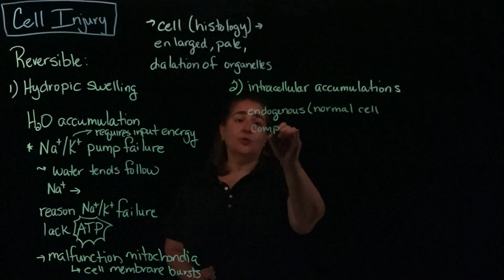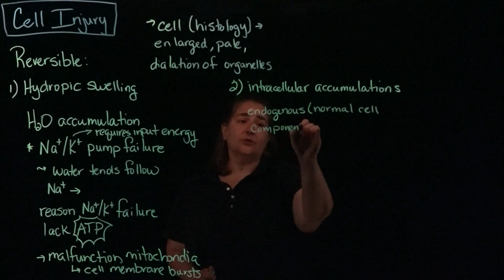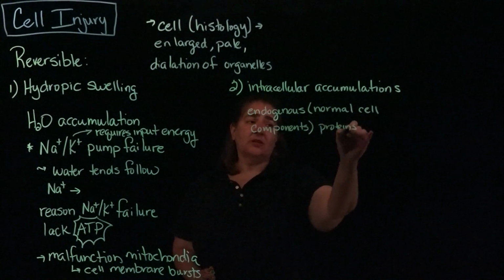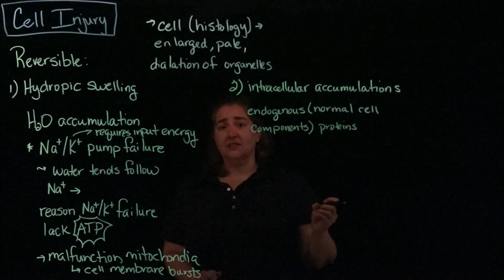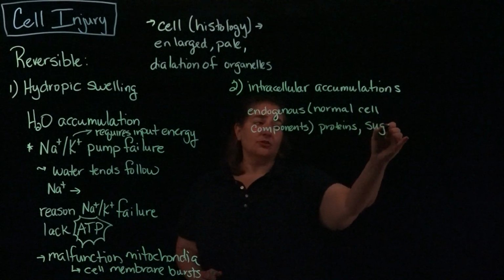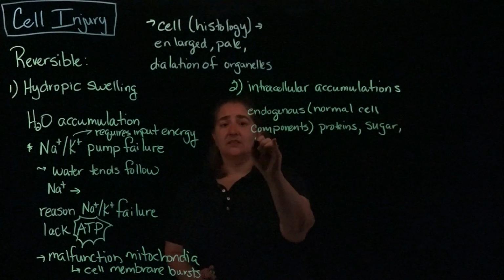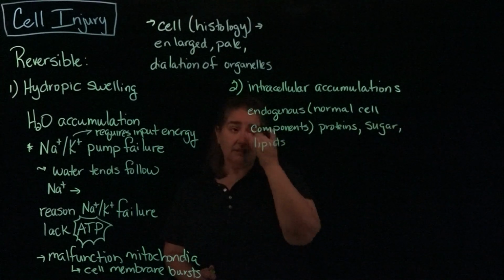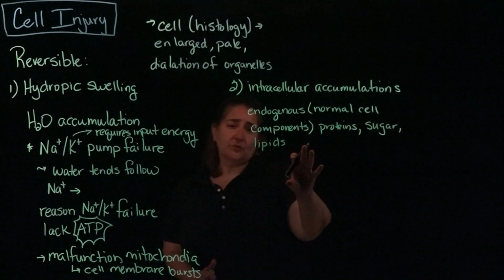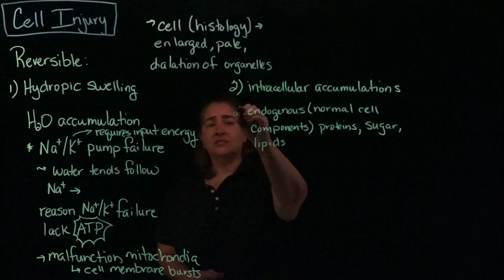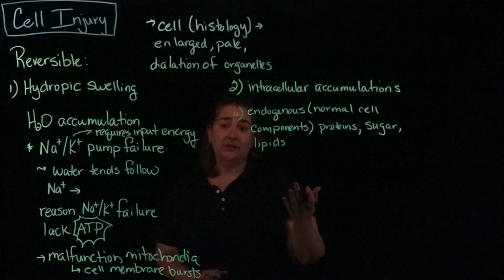So normal cellular components. Things like proteins can accumulate because maybe there's an enzyme that's lacking that doesn't break down the protein. Sugar can accumulate. Lipids or fats can accumulate. So these are things that are part of the normal cell process. You just end up getting more of them within the cell than typically there should be.